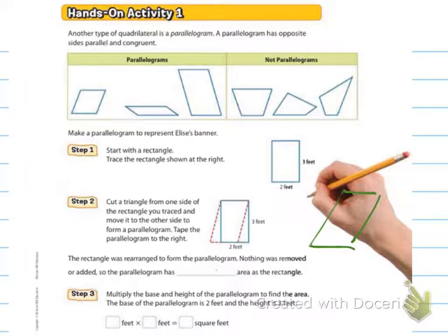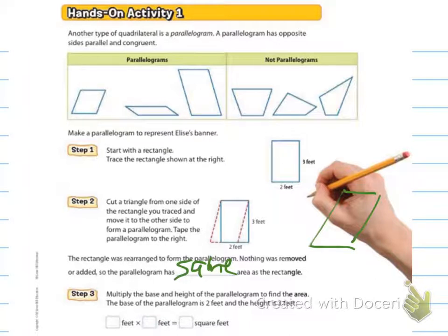And it says that the rectangle was rearranged to form the parallelogram. Nothing was removed or added, so the parallelogram has blank as the area as the rectangle. So what you should be writing here is, it has the same area as the rectangle.